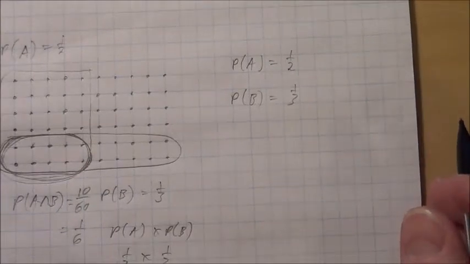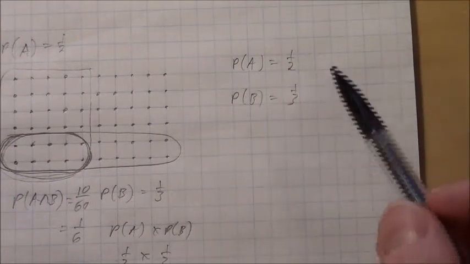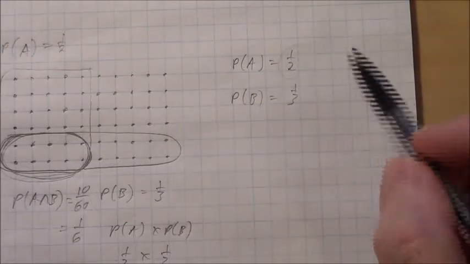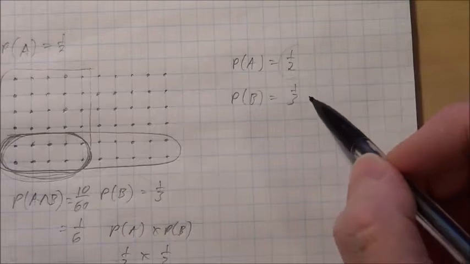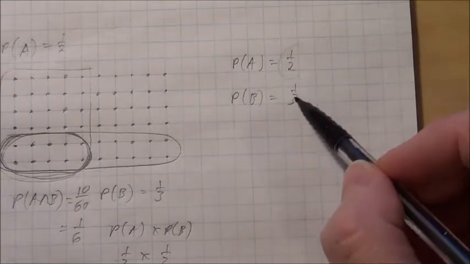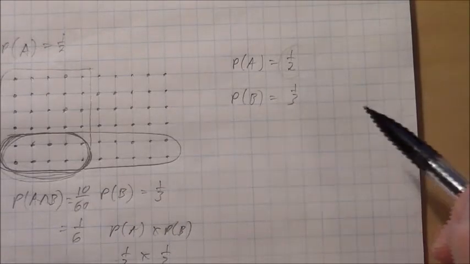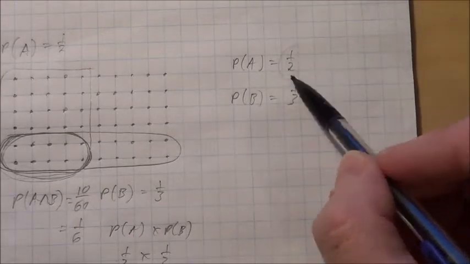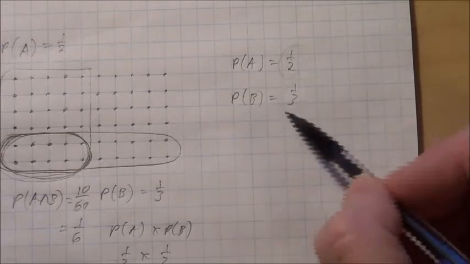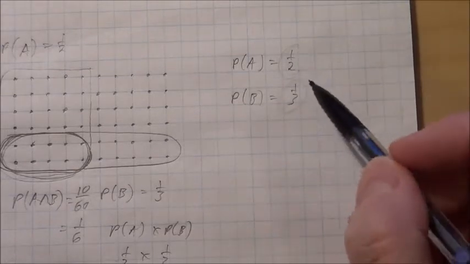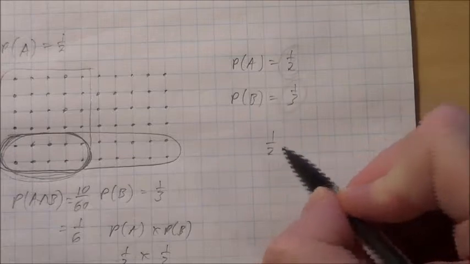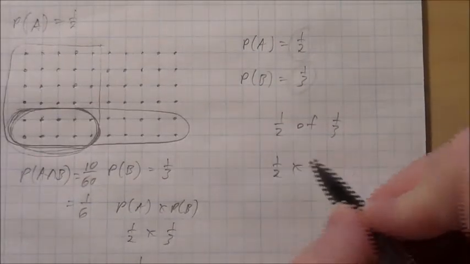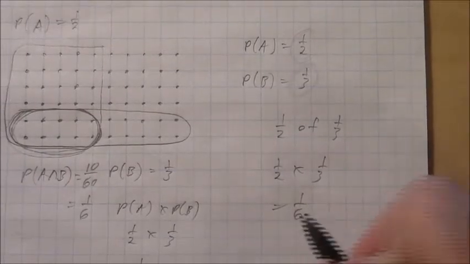Well, if we want to find out, of the times that event A will occur, how many times B would occur, then for each of the half times that event A occurs, there's 1/3 of the time that event B occurs. Well, 1/2 of 1/3 is the same as 1/2 times 1/3, which is 1/6.